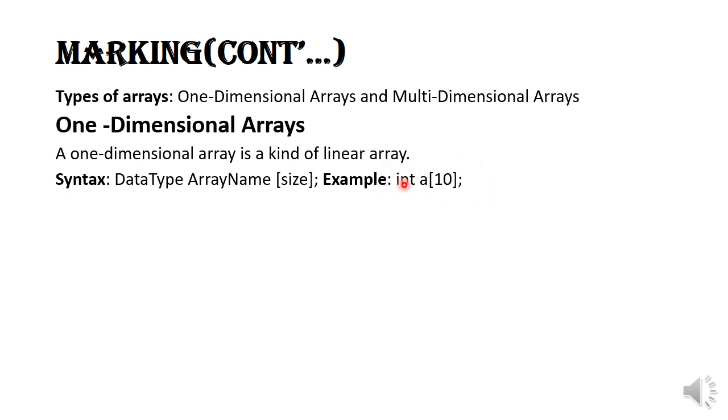This means that int is a data type which is used to declare integer variables. A is the array name, and here we have the size, so the number of elements which will be accommodated by this array will be equal to 10 integer numbers. Don't forget to put a semicolon, because in C++ each statement is ended by a semicolon.